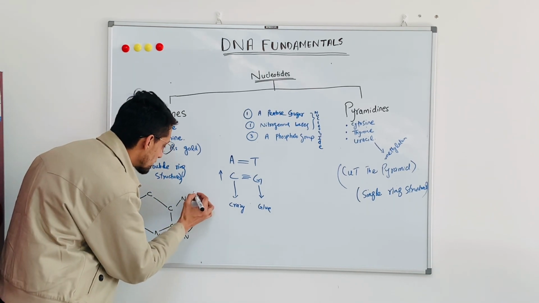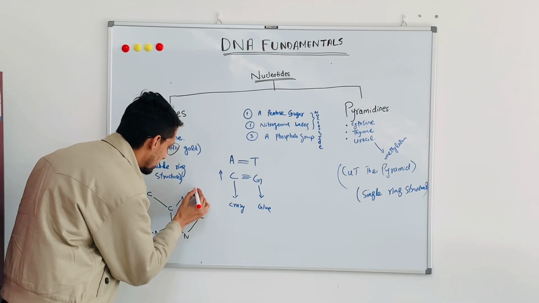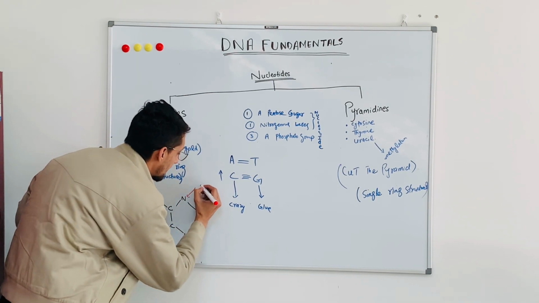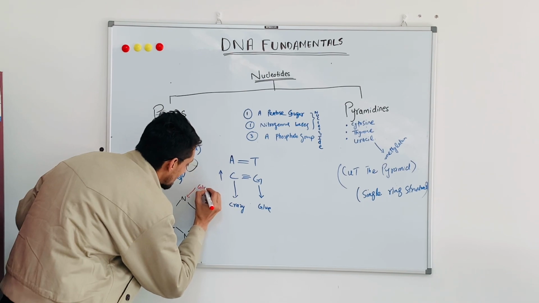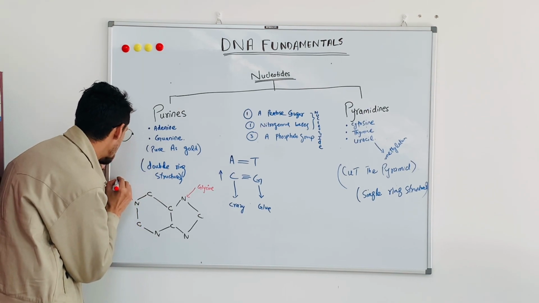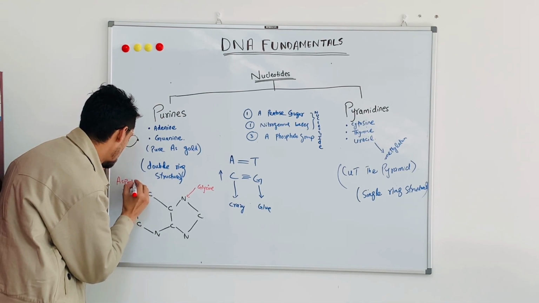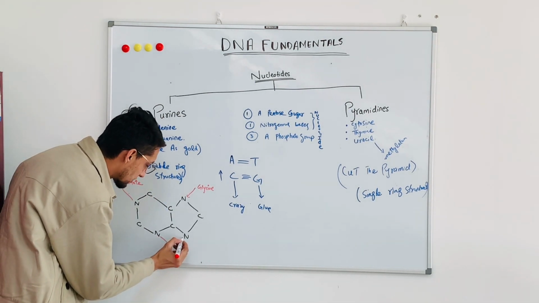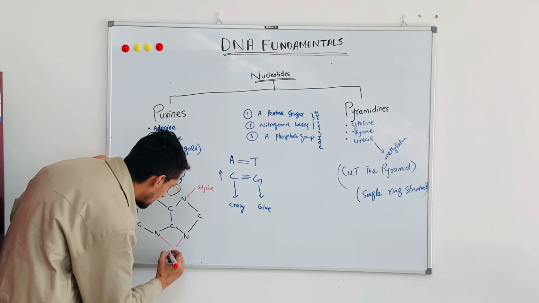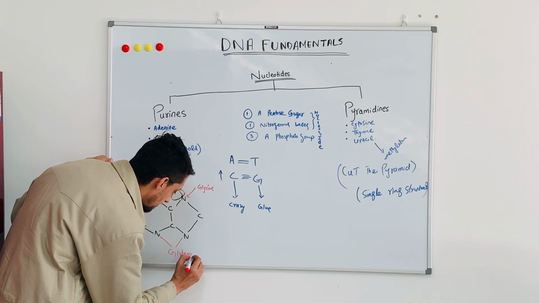This nitrogen, this one, came from glycine. This is the amino acid glycine. This nitrogen comes from the amino acid aspartate. And these 2 nitrogens came from glutamine.